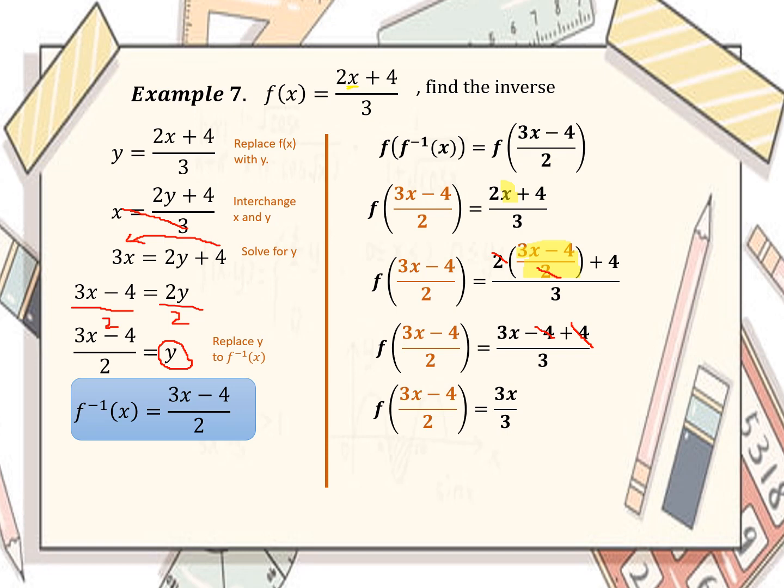So, ang matitira sa numerator ay 3x. Then, sa denominator ay 3. So, pwede natin i-cancel si 3 dahil 3 divided by 3 is 1. So, ang matitira na lang ngayon ay x. Since x ang natira, ibig sabihin, tama yung nakuha nating inverse function na 3x minus 4 over 2.